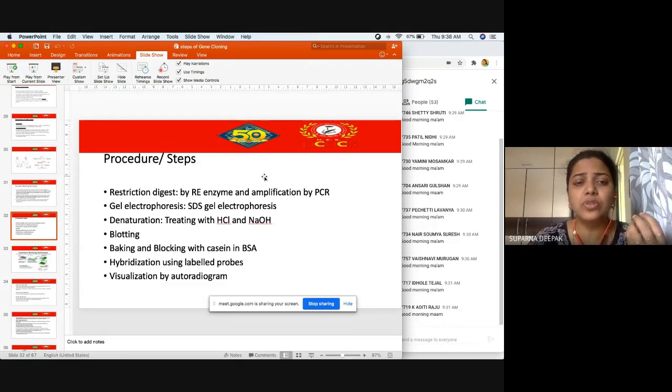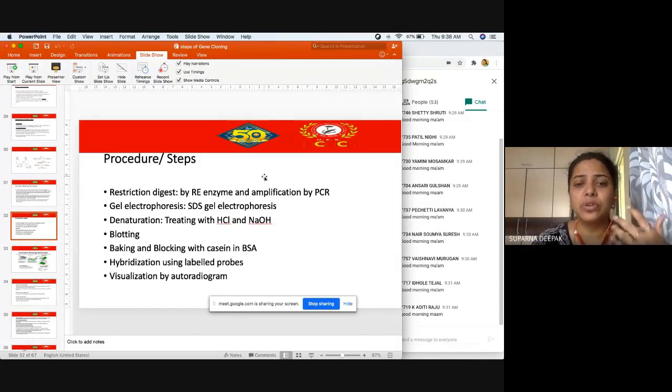So you are going to use those restriction enzymes which cut near your gene of interest, right? But these restriction enzymes are not going to be present only at those regions, they will be present somewhere else also. So it will give you many fragments, and from those fragments you have to identify your gene of interest.